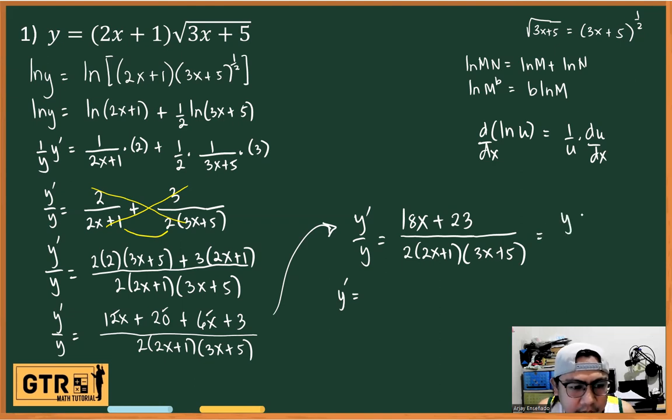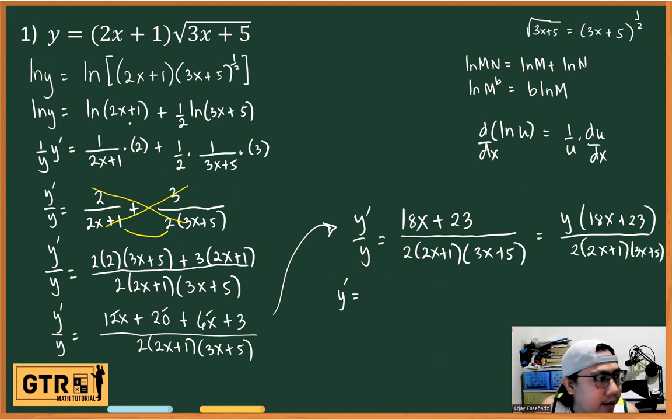So we have y times 18x plus 23 over 2 times 2x plus 1 times 3x plus 5. But the value of y is 2x plus 1 times square root of 3x plus 5. So substitute the value of y.